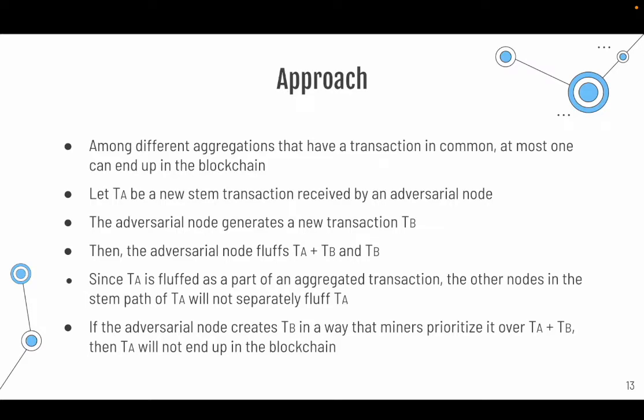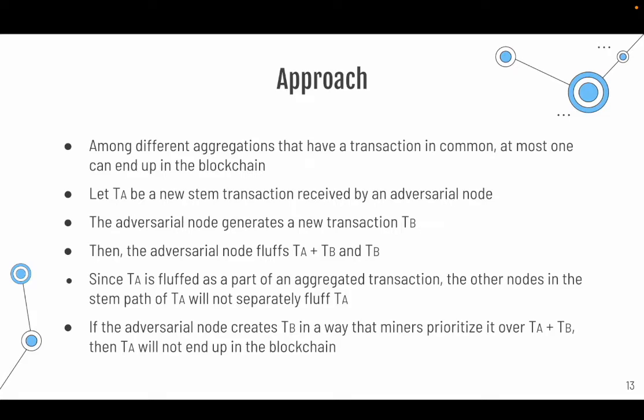Now, if the adversarial node creates TB such that miners prioritize TB over the aggregation of TA and TB, then TB will end up in the blockchain, and because of that, the aggregation of TA and TB cannot end up in the blockchain because it has TB in common with another transaction that has already ended up in the blockchain.